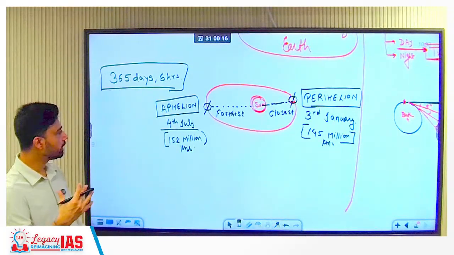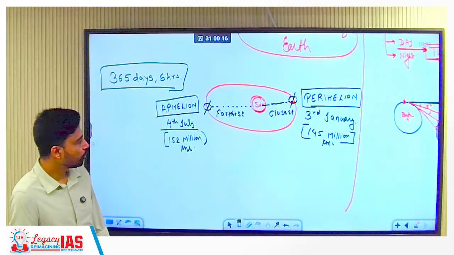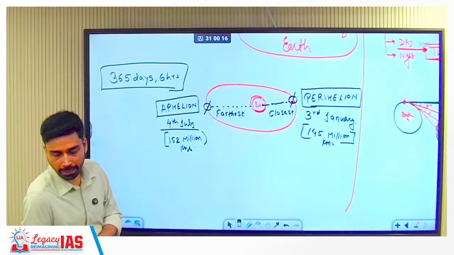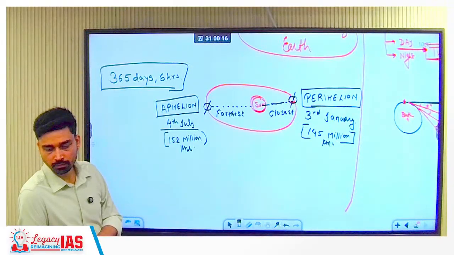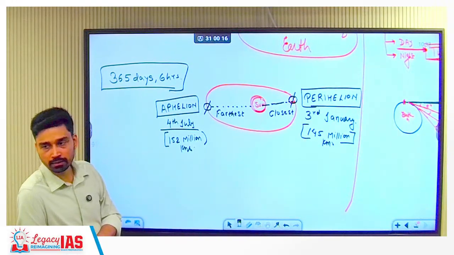So roughly 7 million kilometers of difference we observe. 145 million kilometers at perihelion and 152 million kilometers at aphelion. Understood? Clear?